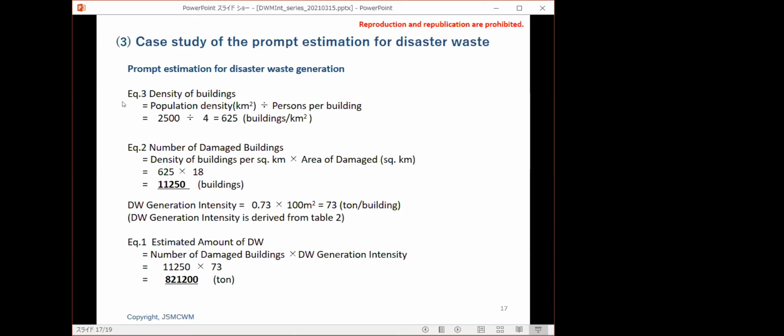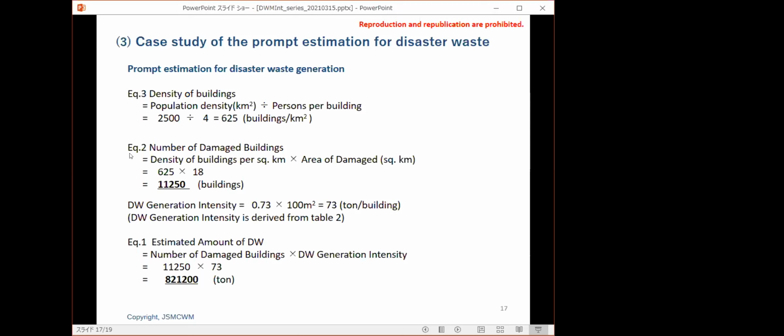Firstly, we try to estimate the density of buildings. Population density, we can know as 2,500, divided by the number of people living in one house. In this case, we choose 4, and we can know 625 buildings per square kilometer.